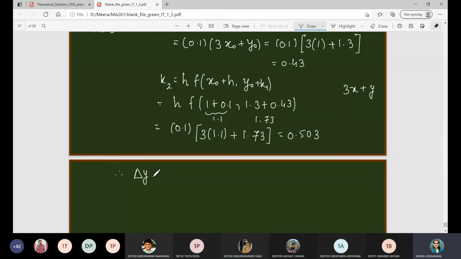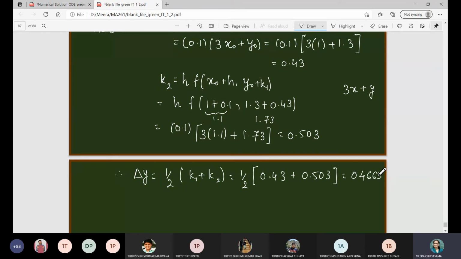So next, what do you have to do? Therefore, delta y is equal to the average value of this one, that is (k1 plus k2) by 2, that is (0.43 plus 0.503) divided by 2. What will it be? 0.4665.